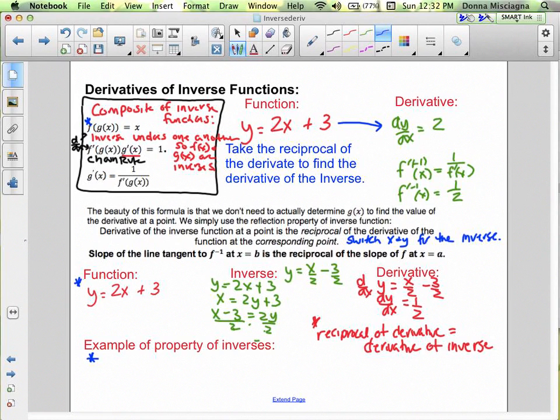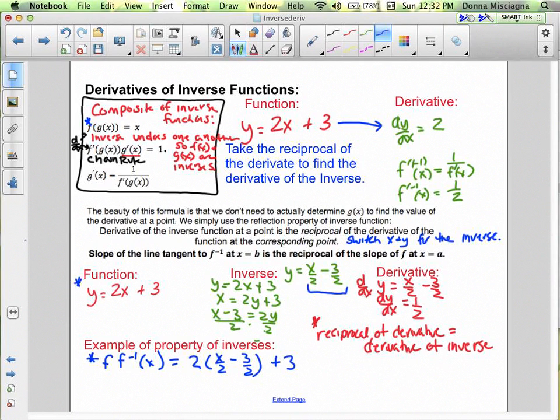So we have f of f inverse of x equals, this is our function, 2x plus 3, so that would be 2 times, and we're going to substitute for x, so it's going to be x over 2, x halves minus 3/2, and then plus 3.